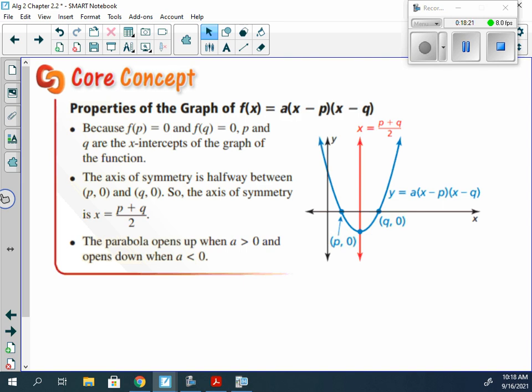As we said, they are the exact same distance from the line of reflection. So if I want the axis of symmetry, really I can take p plus q and divide by 2. So our x is going to equal p plus q divided by 2.